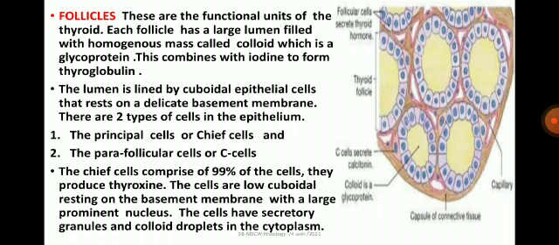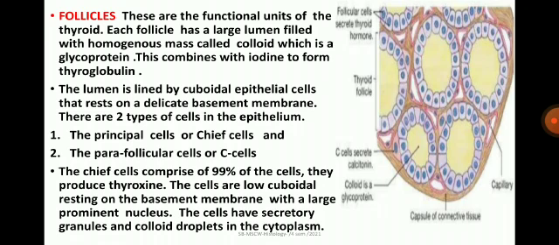So the lumen is lined by cuboidal epithelial cells that rest on a delicate basement membrane, and the cells which line the lumen are of two types. The principal cells or chief cells, and secondly the parafollicular cells or C cells.